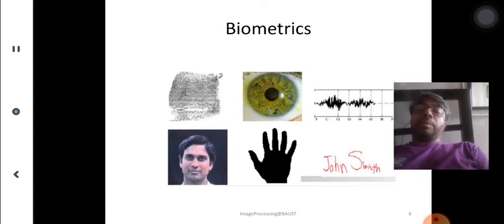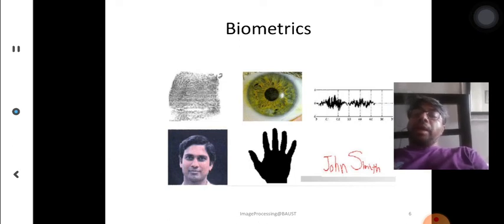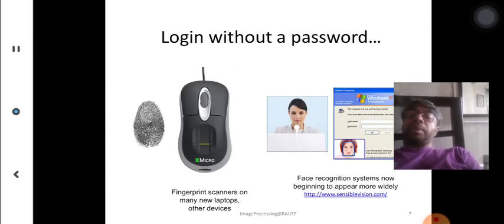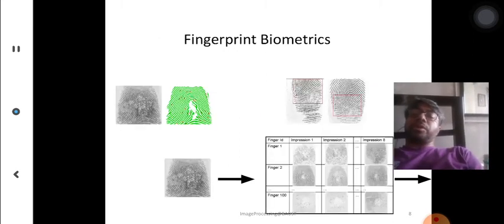Biometric is another very important example to see and follow, and I appreciate that you understand that a lot of biometric applications are available. We still have biometric signatures in our national database, and these are truly applications of image processing. Login without a password, doing the authentication, and producing something very interesting.